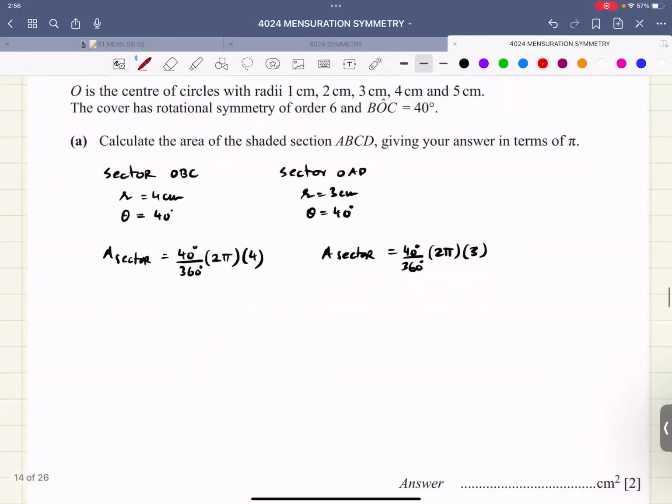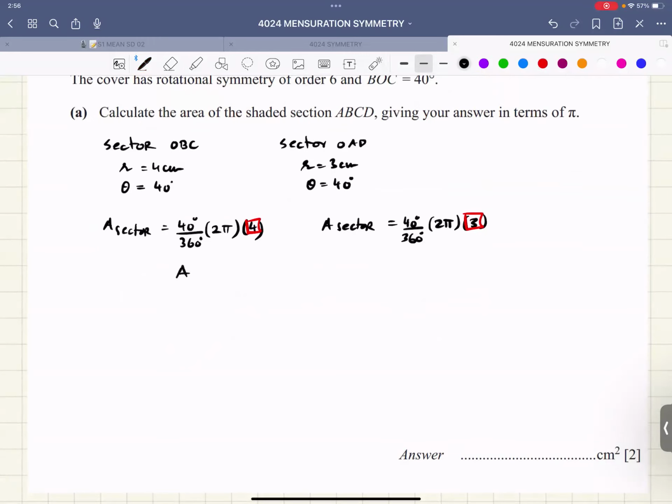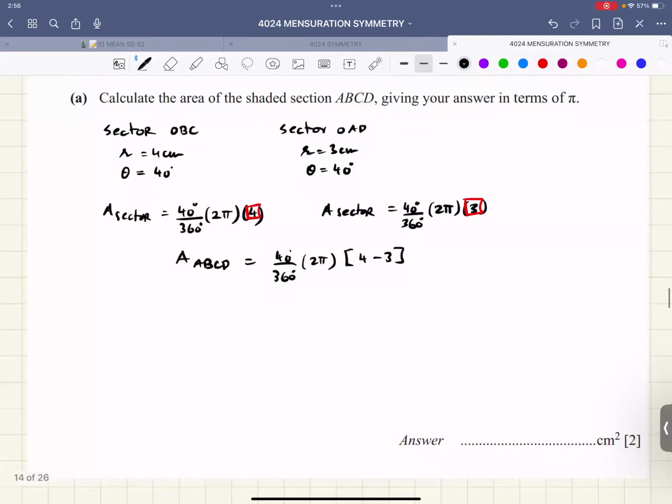So what is the only difference? The only difference is 4 and 3, everything else is the same. So therefore, area of ABCD, the shaded section, is 40 over 360, 2 pi. This is 4 minus 3, which is 1.